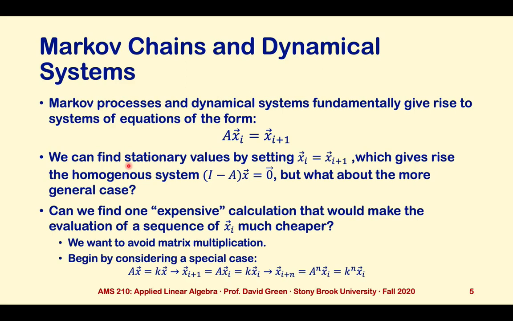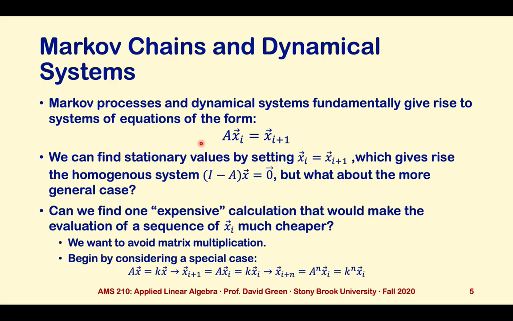Now we've seen that we can find stationary values to this, that is the set of vectors x that will not change over time, and that we can find these by setting x_i and x_(i+1) equal to each other, and this gives rise to a homogeneous system that we can solve with elimination and so on. But this only lets us address the stationary case.